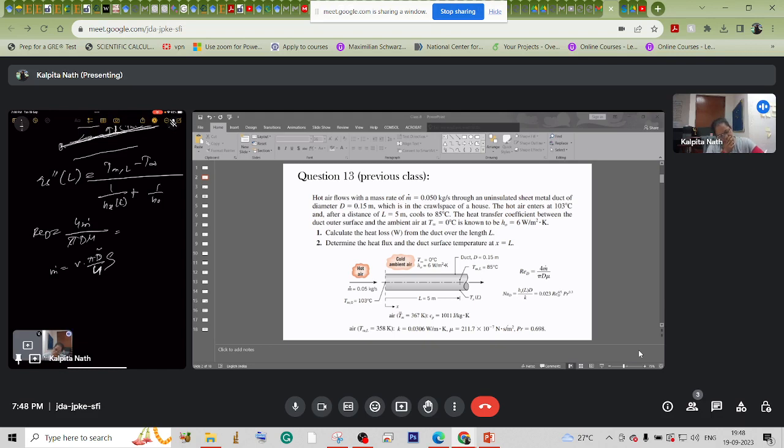So this V comes out to be this. So Reynolds number is equal to d V rho by mu.